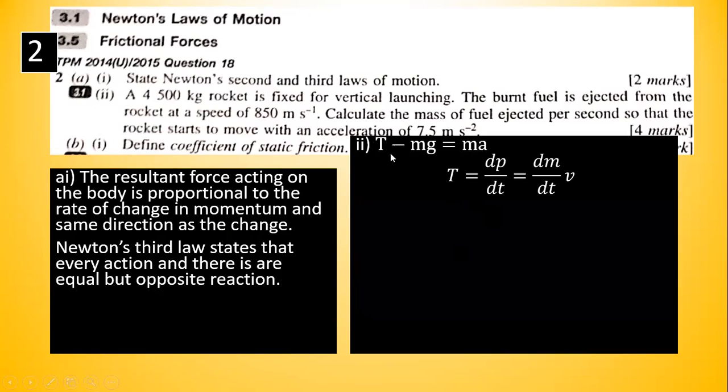How to find your T? T is the change in momentum. Remember, T is the thrust. Momentum is mv, so you assume your v is constant. The mass is changing, so it's dm/dt.